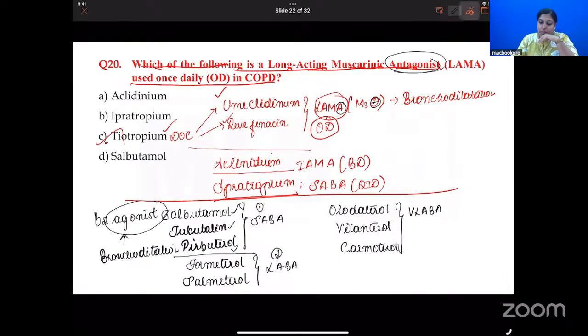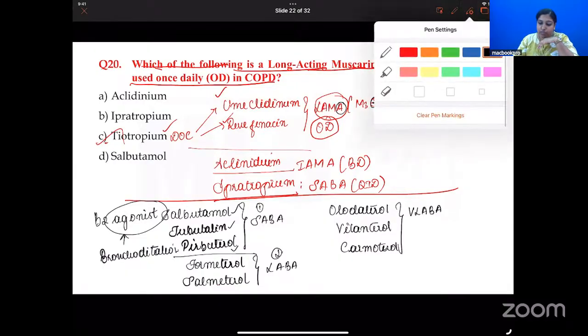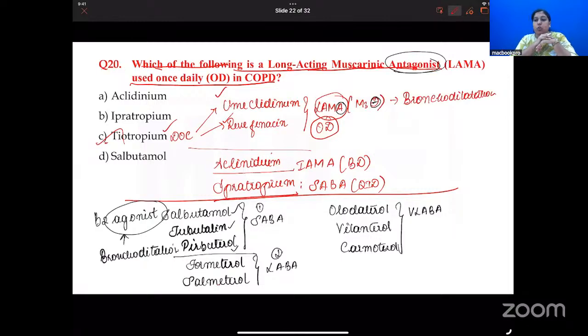I'll tell you an additional important point which you have to remember. Beta 2 agonist drugs, like muscarinic antagonist drugs, also act on bronchial asthma and COPD. But please remember one important thing. Every muscarinic antagonist is used in the management of asthma and COPD.